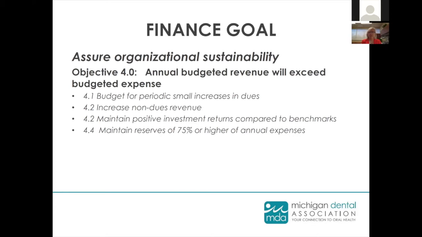Generally speaking, we're going to see small dues increases every now and then, be focusing on non-dues revenue, making sure our investment returns are good, and also maintaining good reserves. Our reserves, just to let you know, were around 90% at the end of last year, so we're well exceeding the 75% benchmark.